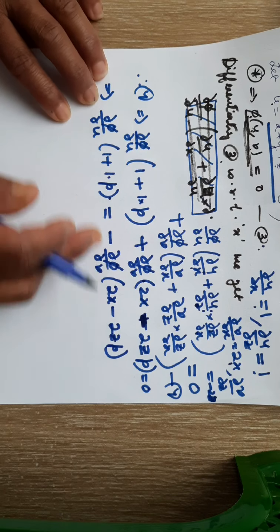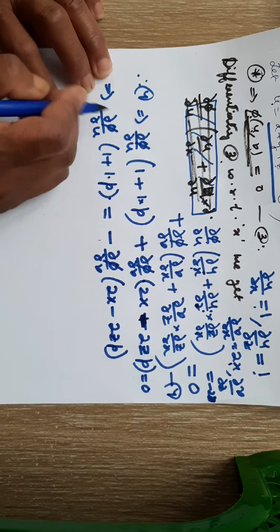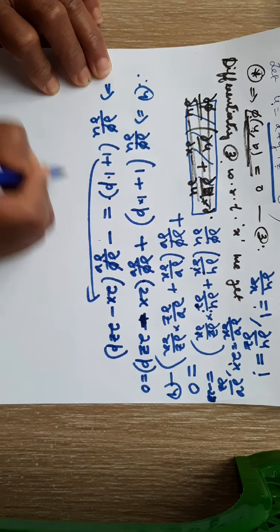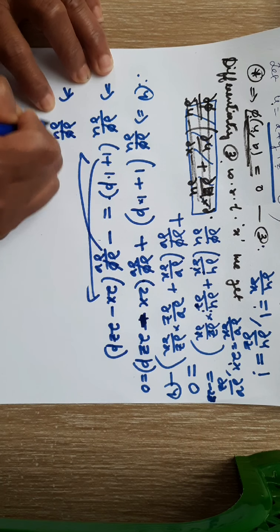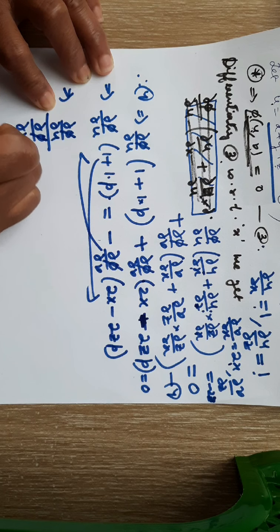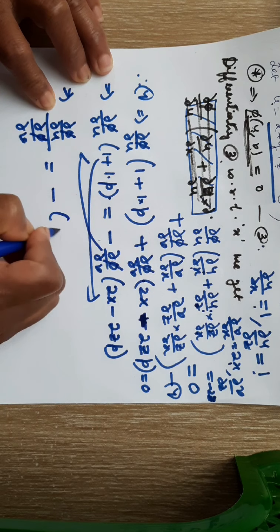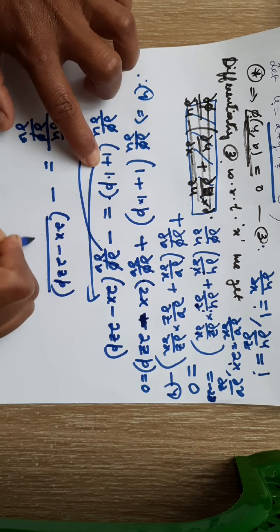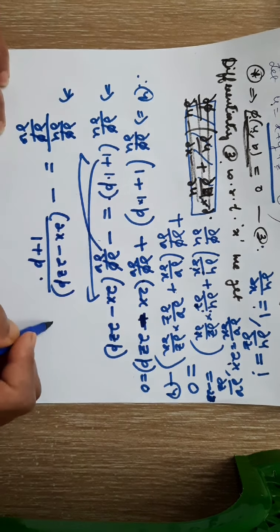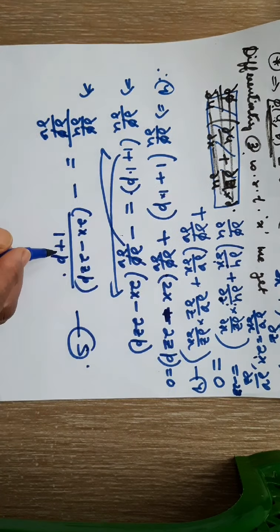Now divide both sides by del phi del v, and cross multiply this to the other side. You will get del phi del u upon del phi del v equal to minus 2x minus 2zp divided by 1 plus p. Name this as equation 5.